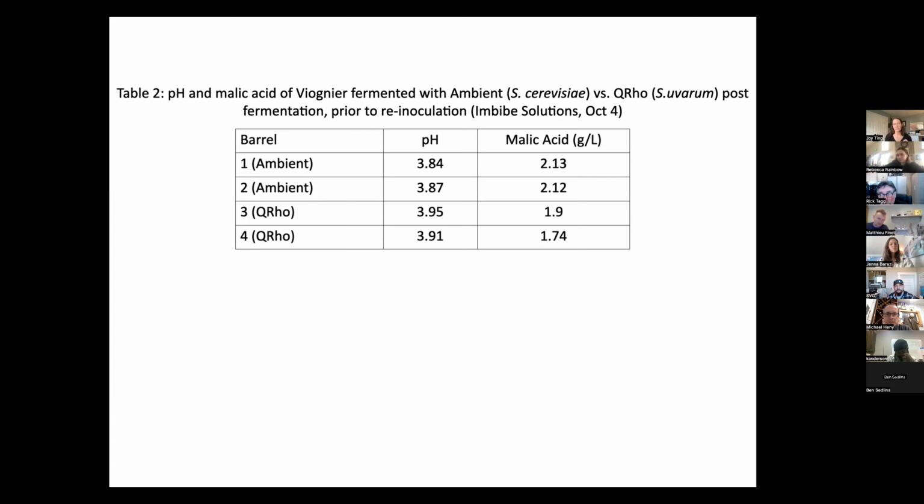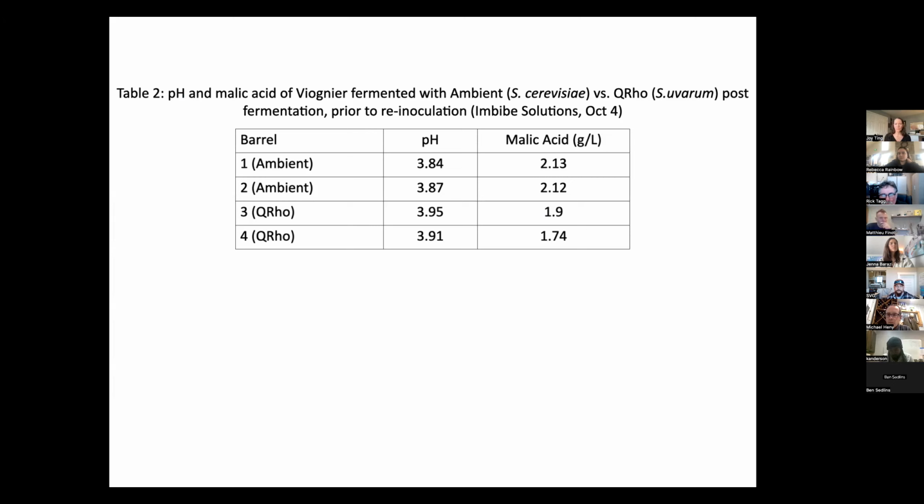If anything, it was a little bit higher, and the malic acid was a little bit lower. We had that same response, and maybe even more so here, as we did with Matthieu's, that the malic acid might be partially due to some malolactic conversion. When we know we have some ambient ferment going on, it's likely that we've got some malolactic going on as well. But at that point, we were at least able to capture that number.